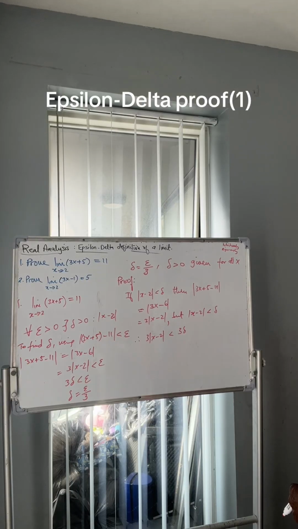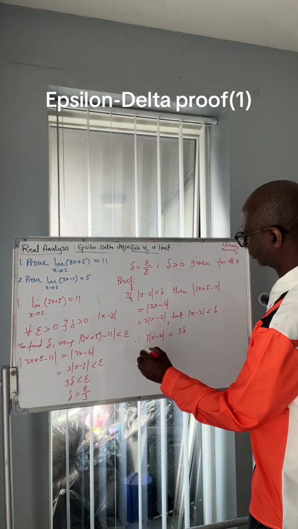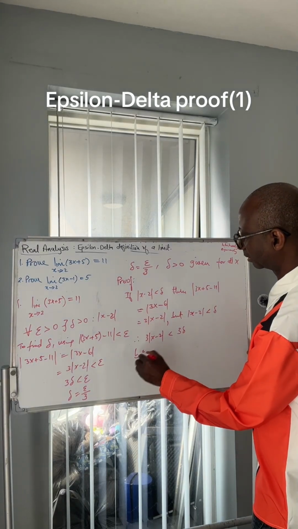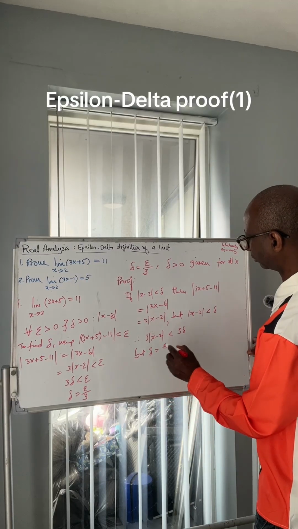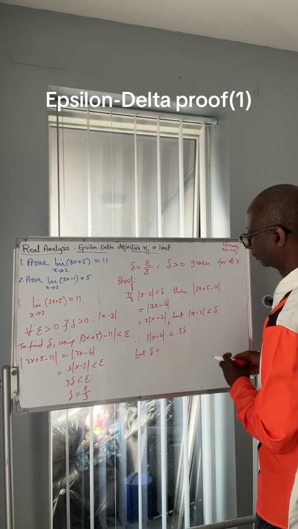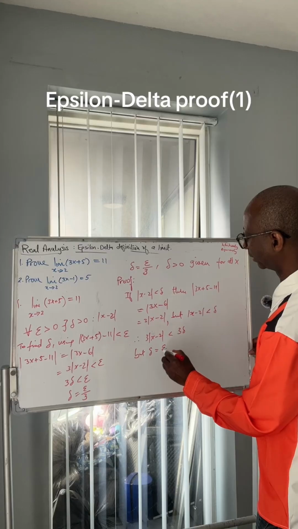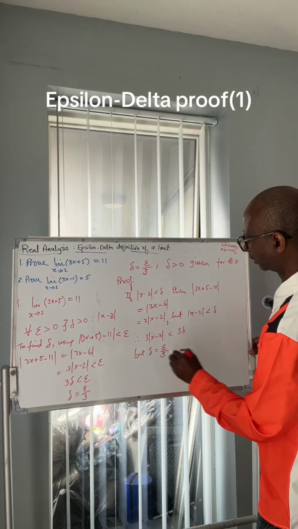But what is delta? We have delta equals epsilon over 3.